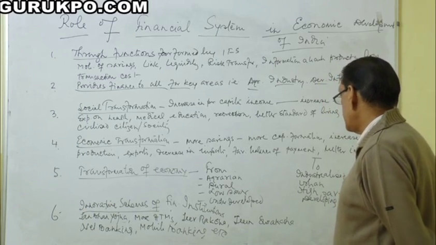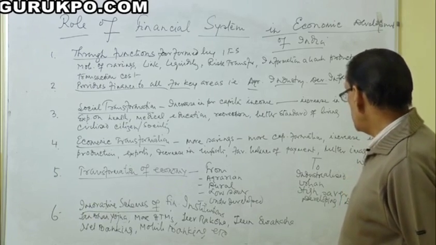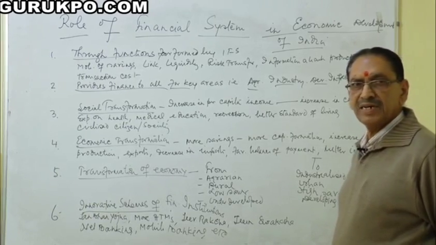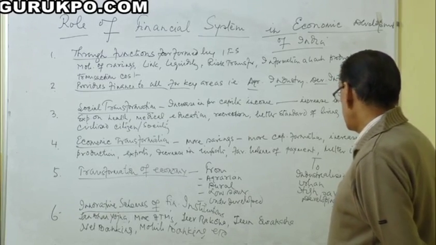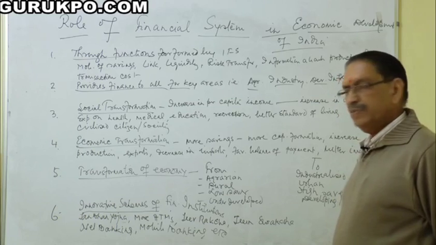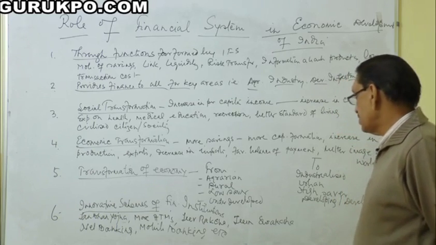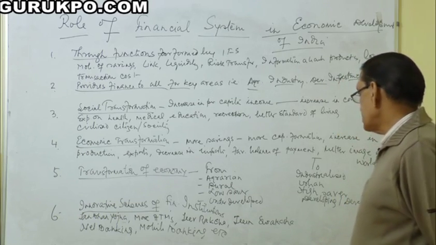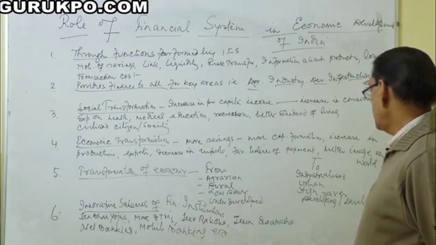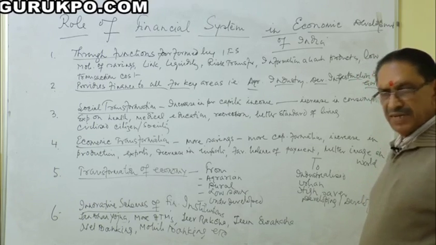So our economy is being transformed from agrarian to industrialized, from rural to urban. People from rural areas are coming to cities and trying to enjoy the facilities available in urban areas. Earlier it was a very low saver economy, the level of savings was low. Now the level of savings has considerably increased, and we are transforming from a low saver to a high saver economy.